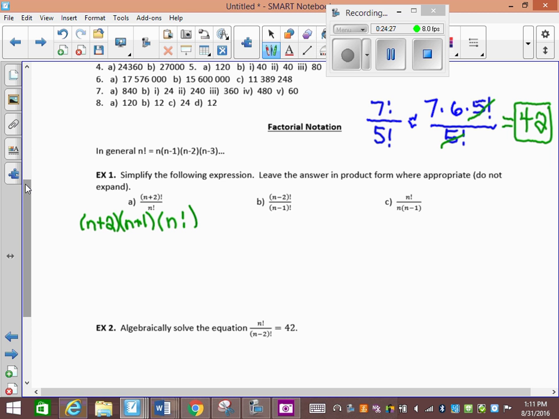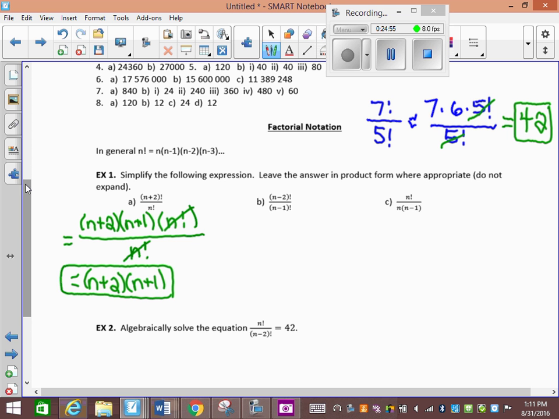And n minus 1, n minus 2, n minus 3, that stuff. And then n factorial is on the bottom, and they cancel, and I'm left with n plus 2, n plus 1. So you're really just expanding out the bigger one so it looks like the smaller one, so you can cancel them off.